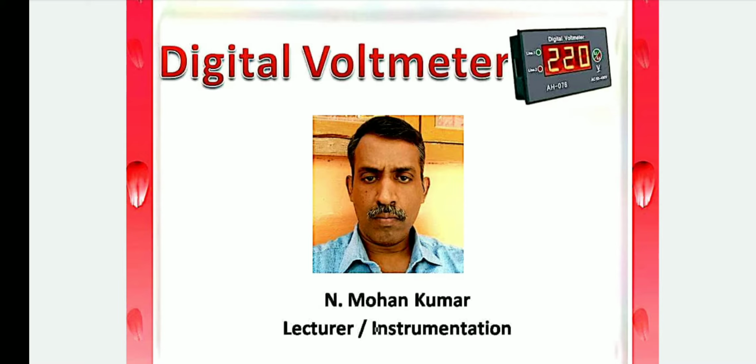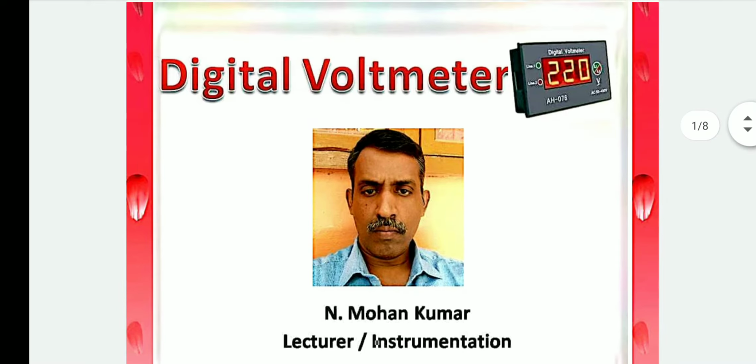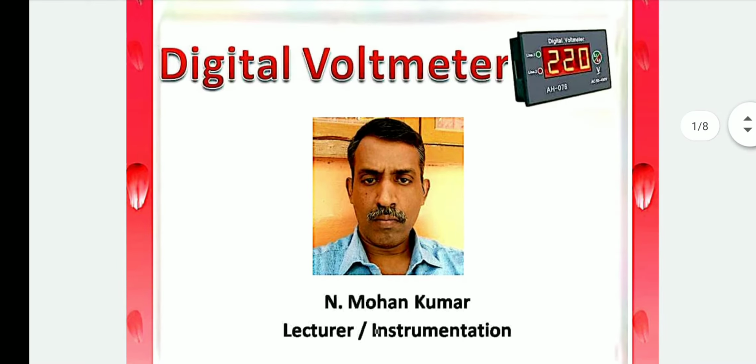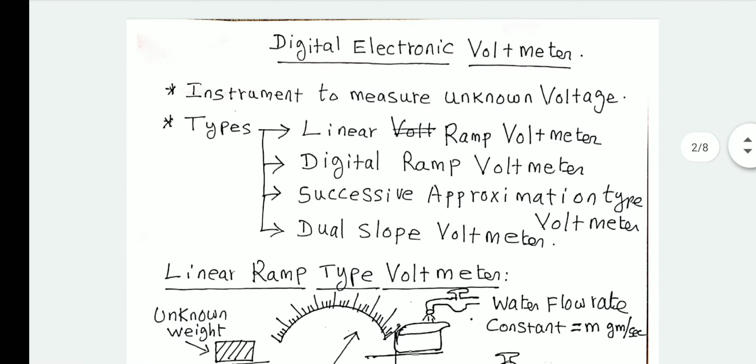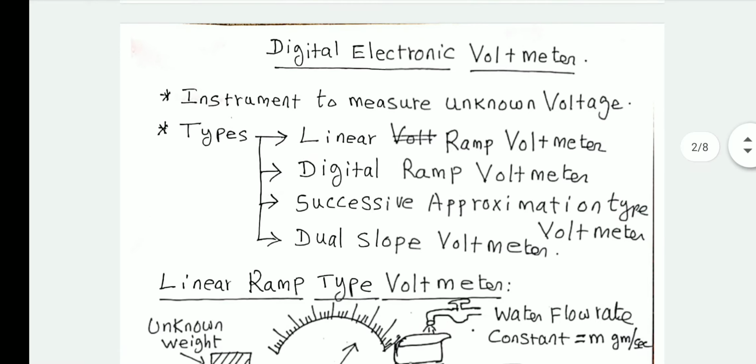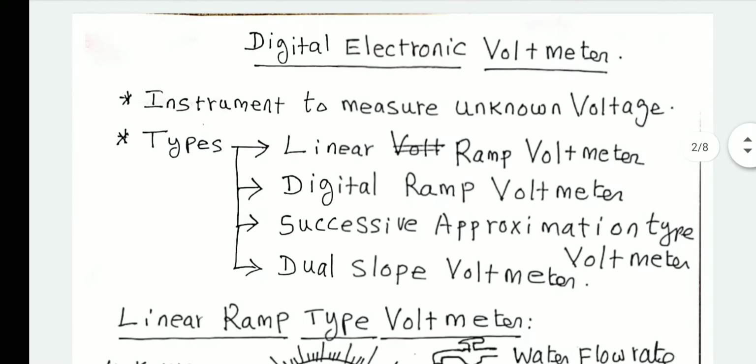The objective of this video is to make you understand what a digital voltmeter is and what the different types of digital voltmeter are. Conceptually, in this video we are going to cover two types.